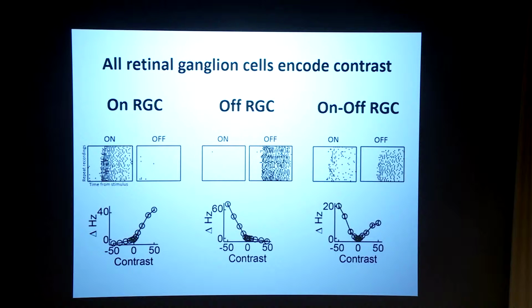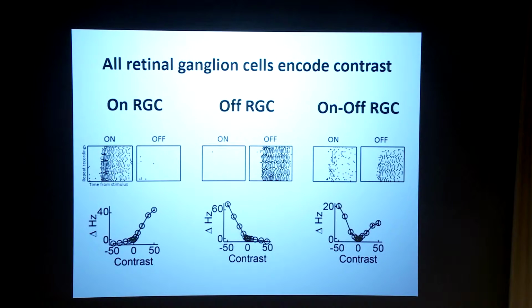And the y-axis is just a repeat recording from the same cell. And each dash represents a spike or a signal that this cell would be sending to the brain. And so this on retinal ganglion cell reliably and robustly responds to increases in light, but not decreases in light. The off has the opposite behavior, and on-off responds to both increases and decreases.